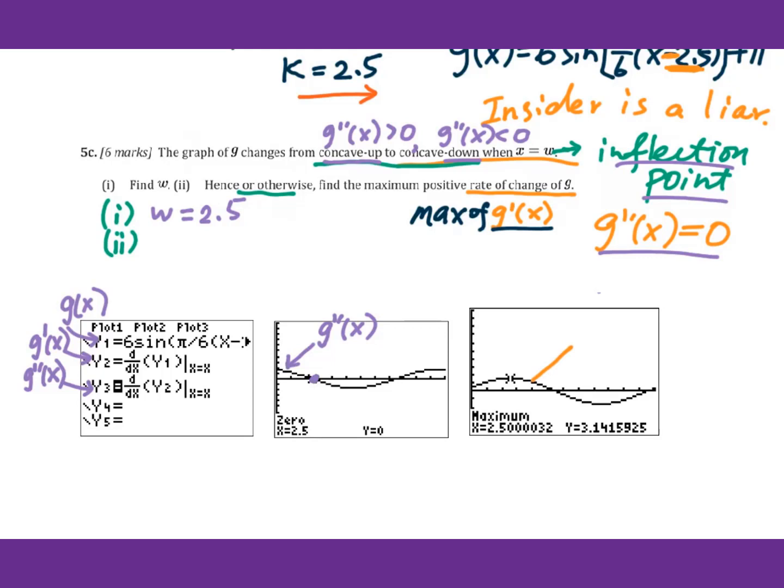Therefore, we highlight this y2. This will be the g prime of x. Basically, it's y2. Then get the maximum point. That will be 3.14. That's the answer.